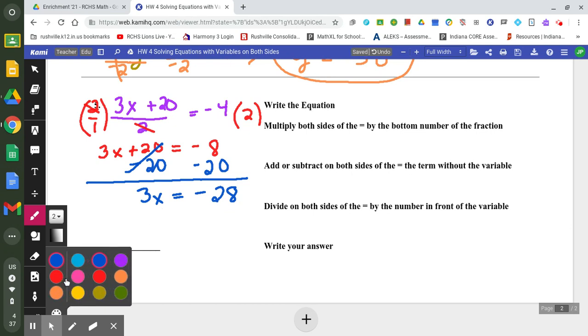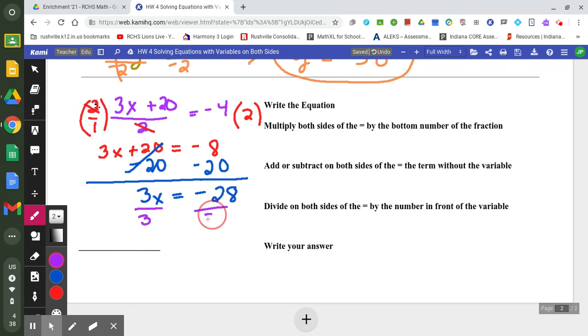And then I'll divide by the number that's in front of the variable. So x equals, and that doesn't come out evenly, so we can just leave it as negative 28 over 3.